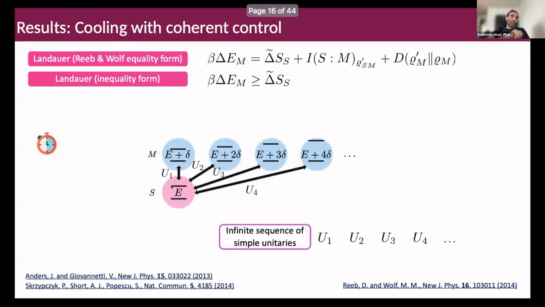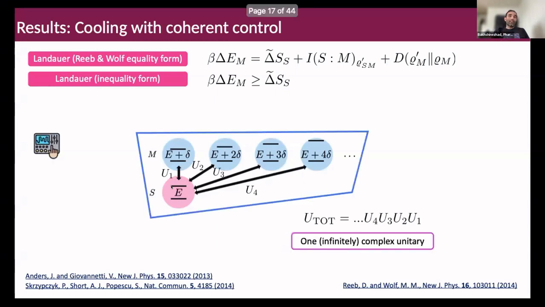But instead of this, you can have a collective unitary. It's like the multiplication of all the unitaries you are using, and then you have a very complicated unitary. If you want to generate this type of unitary, you need M-partite interaction, and it's very complicated.